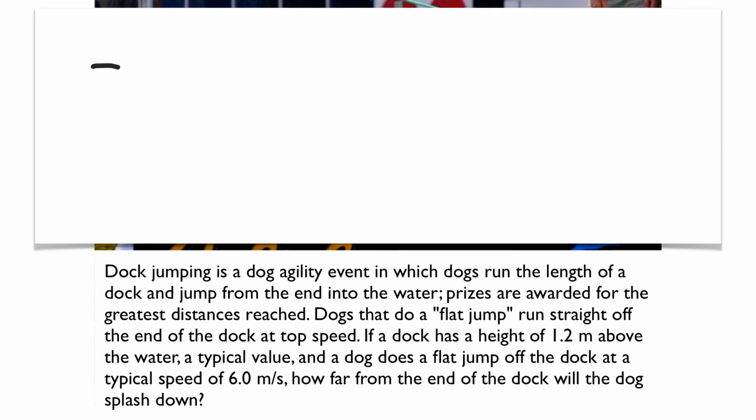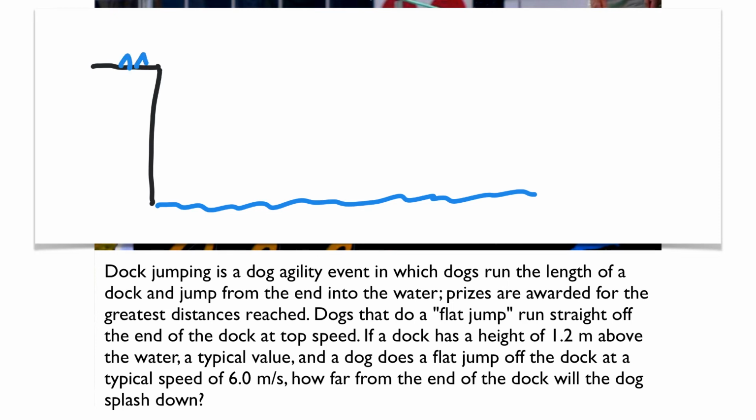Clearly the important points of the motion are when the dog leaves the dock and when the dog splashes down in the water. So here's my dog, leaves the dock at 6.0 meters per second, and then sometime later, the dog splashes down into the water. And when that happens, everything's over. Now I'm going to write down variables for the x position and the y position.